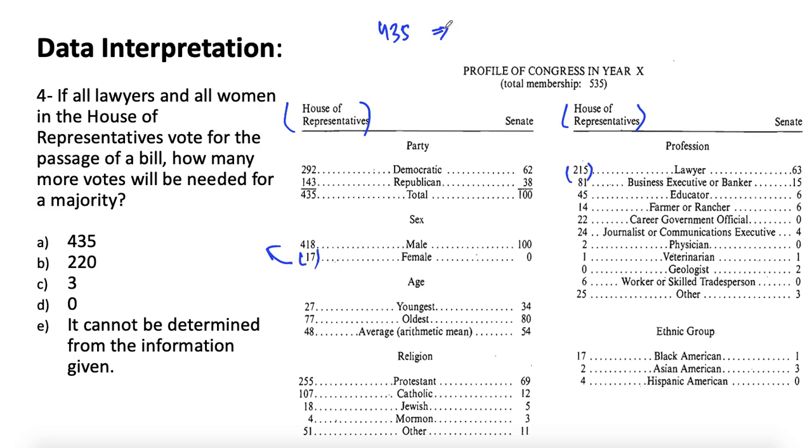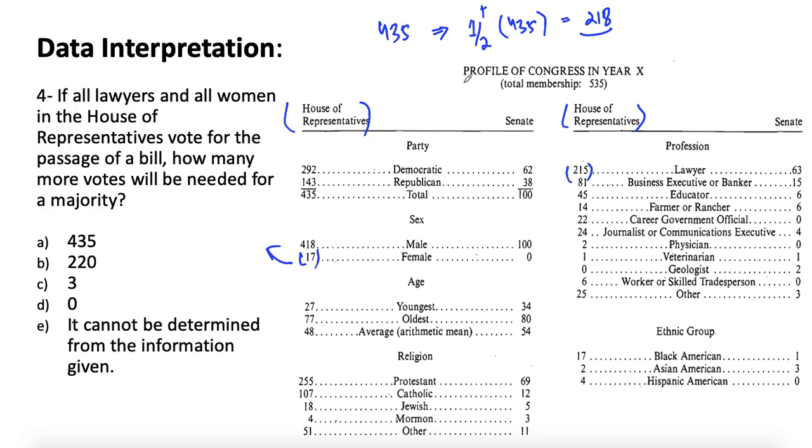That value will be a bit more than half of 435, and that will be 218, because 218 is more than half of this. So for a majority they need at least 218 votes overall.